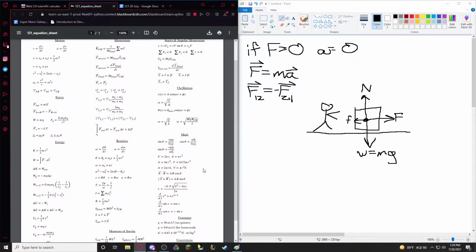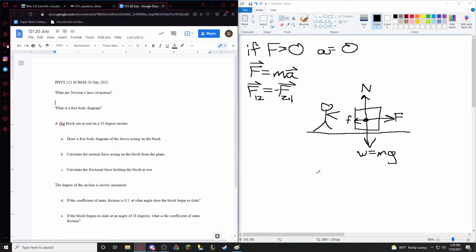But it's different for when it's in motion and when it's not. So what if an object is at rest? How do we calculate the friction force acting on it?